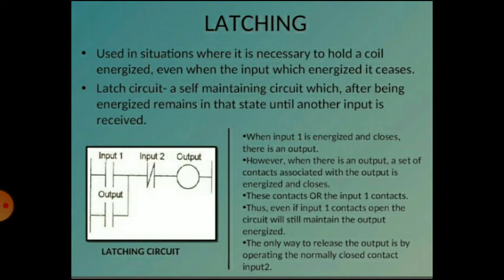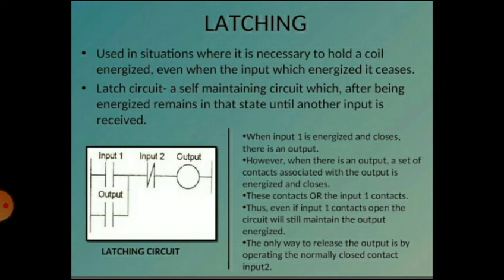The explanation of the latching circuit is: when input 1 is energized and closes, there is an output. When there is an output, a set of contacts associated with the output is energized and closes. These contacts are in parallel with the input 1 contacts. Thus, even if the input 1 contacts open, the circuit will still remain energized.